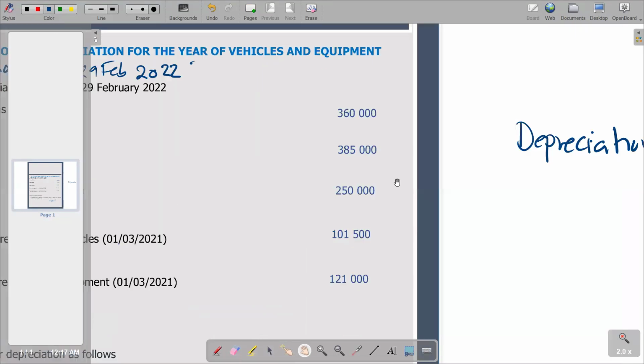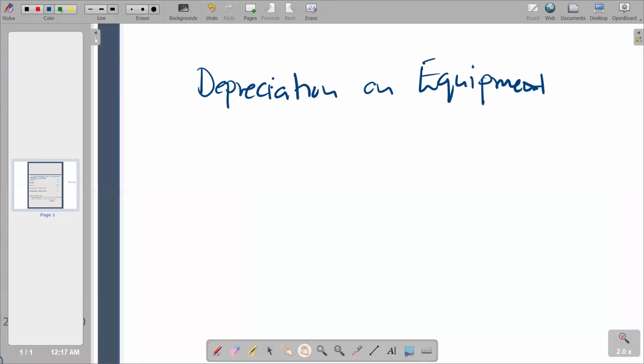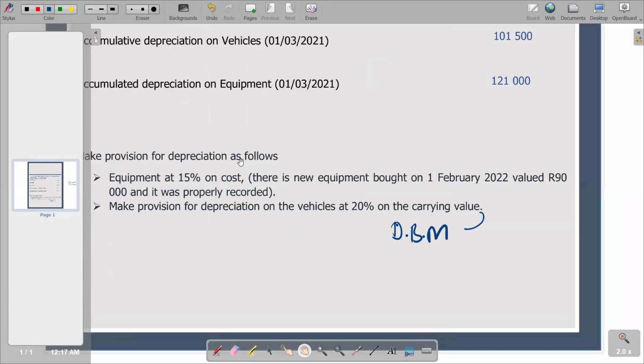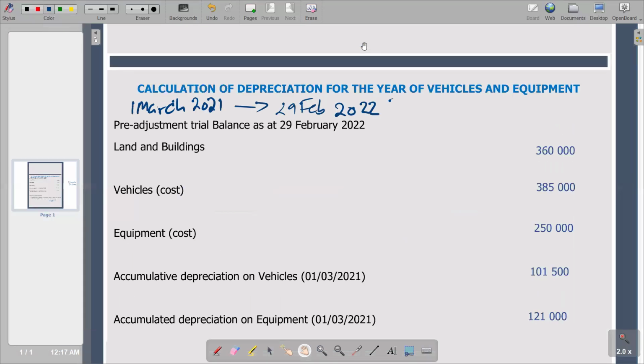But first of all, we have to know that the formula that we use for the cost method is percentage times cost price, and the given percentage is 15%. But obviously, we are told that there's new equipment that was bought on 1 February 2022, and we know that our year is ending 29 February 2022. So what does it mean? It means that the non-current asset only stayed for 1 month.